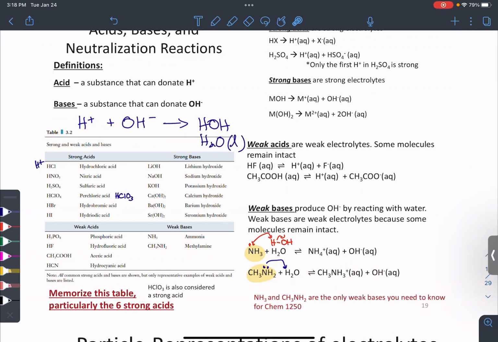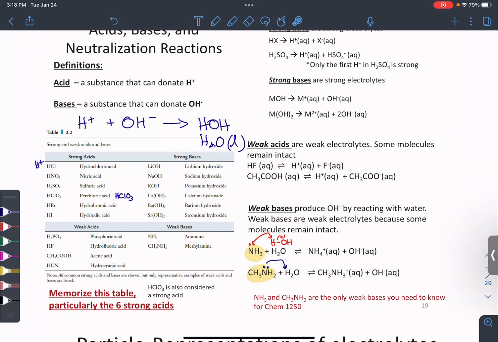So I have two things. We're going to do it again. I have 1 molar sodium hydroxide. Sodium hydroxide is what kind of base? Strong. So what kind of electrolyte is it? Strong. So should it have good, poor, or no conductivity?